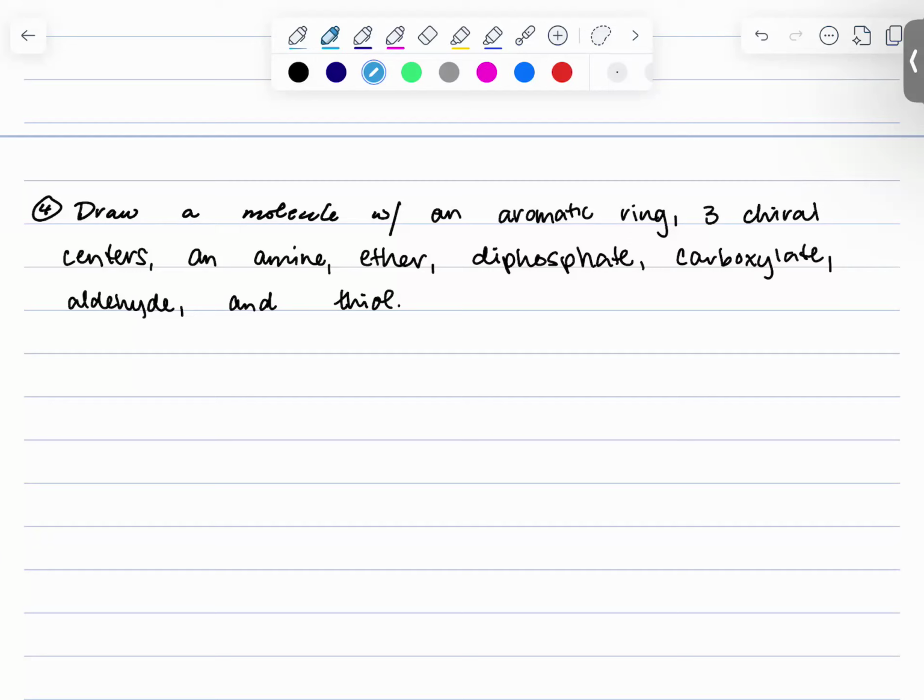Question, yeah. Just making an angle doesn't make it a chiral center.